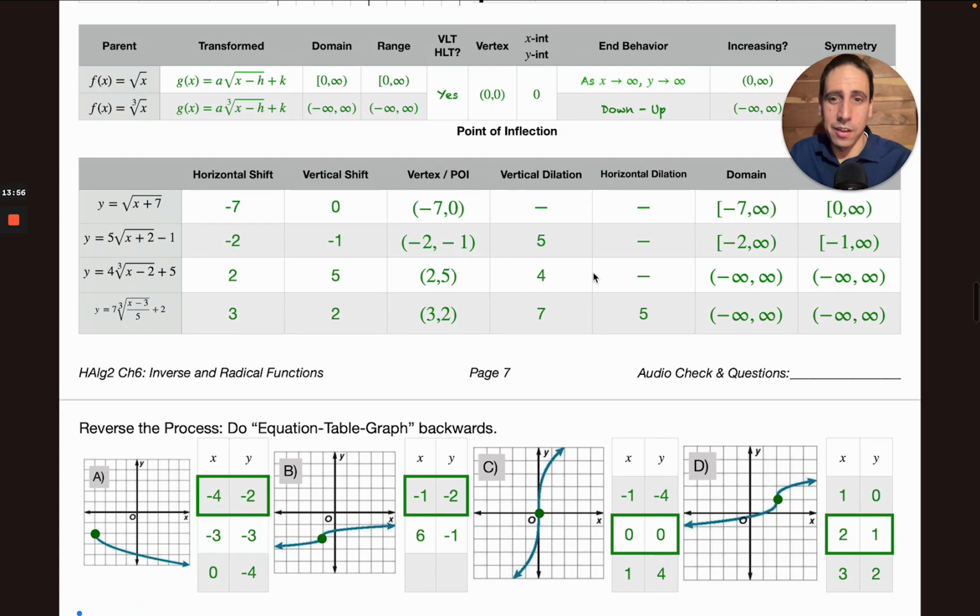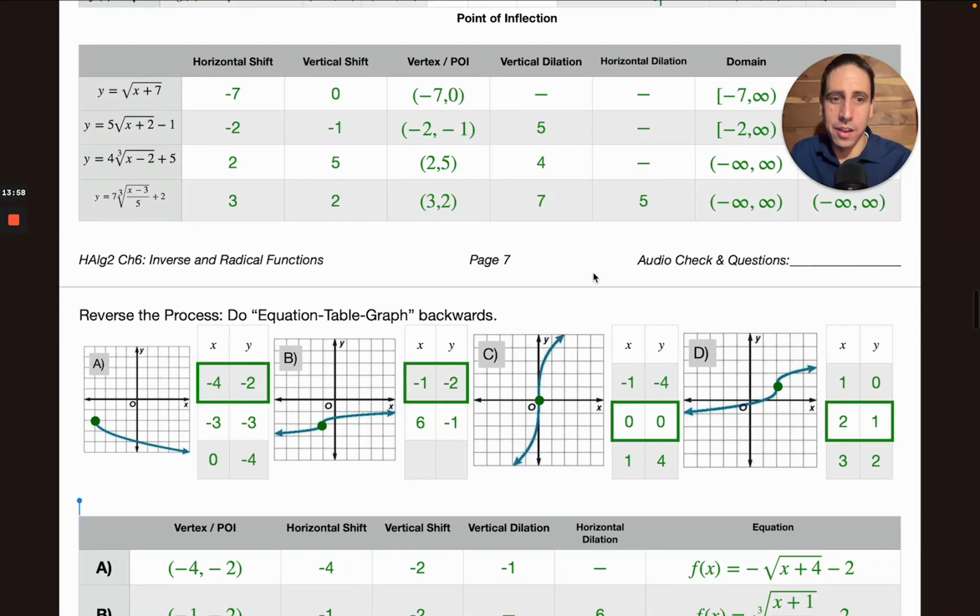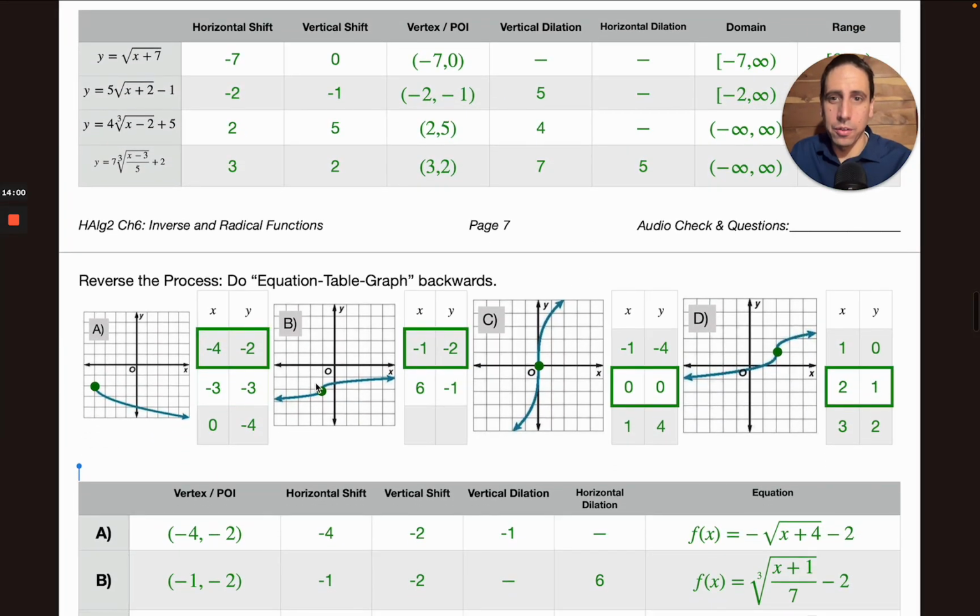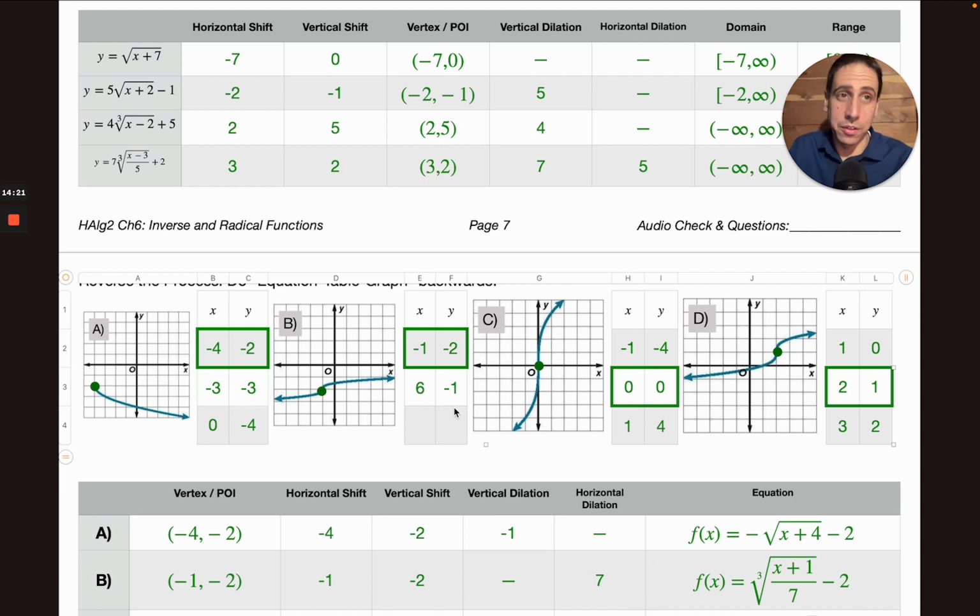However, it doesn't do that here. In order to rise 1, you have to run 7 units, not 6, 7. 7 units to get from -1 to -6, which is incredibly stretched. It's horizontally dilated 7 times longer than the original, the parent function.